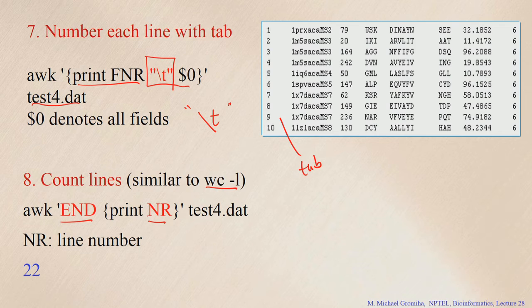Number of records, the line number. So you can see NR: how many lines are in this particular input file, test4.date? It counts all the lines, and this gives a total of 22 records, 22 lines in this file, similar to wc -l in Unix.